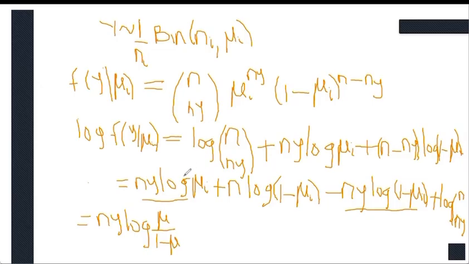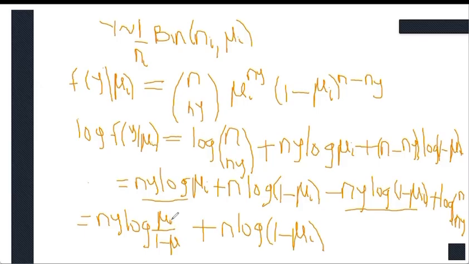And that's going to be plus n log of 1 minus mu_i.